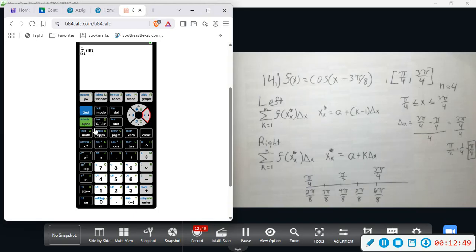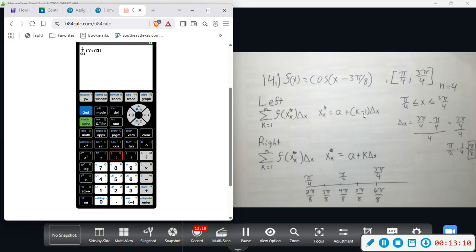Okay, so to call equation, we're going to go to vars, and then y-vars, and then function, and then we want option number 1 because we're doing y1, and then y1 is going to be, since we're doing the left sum, this equation.